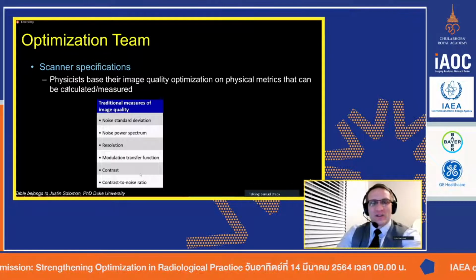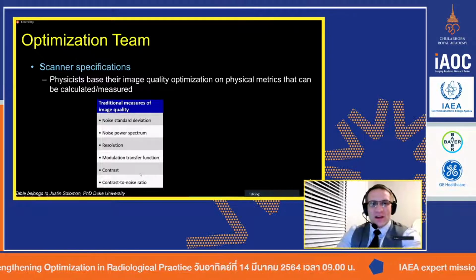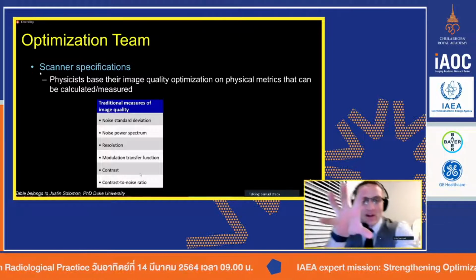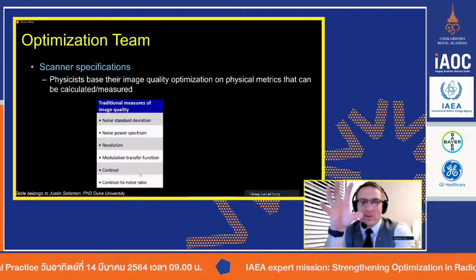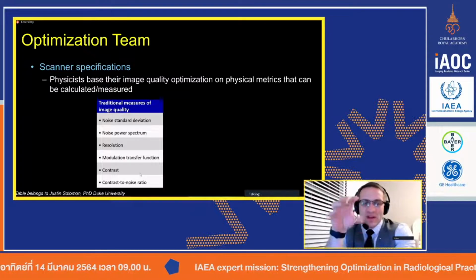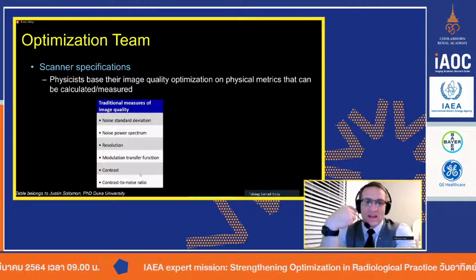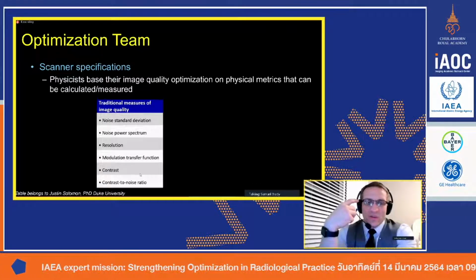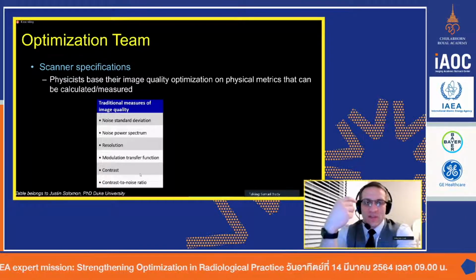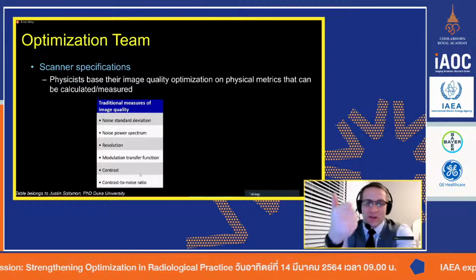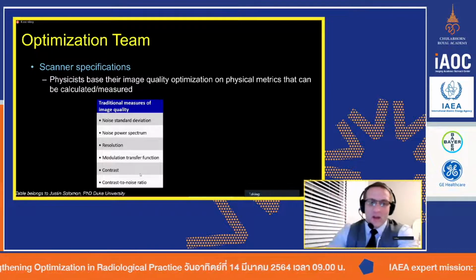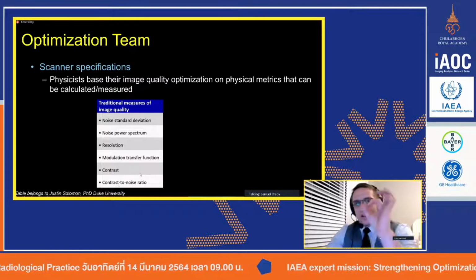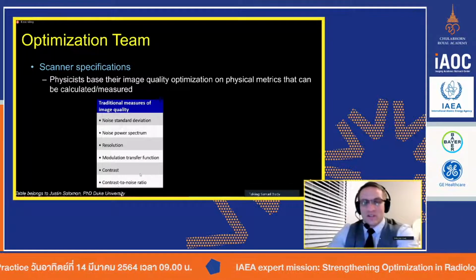All right, so just kind of wrapping up here. One thing to consider is the fact that we've been talking about various different image quality optimization metrics. And as a physicist, we speak a very specific language. When we're talking image quality, I'm thinking noise, I'm thinking resolution, I'm thinking noise power spectrum, I'm thinking drawing ROIs and calculating contrast to noise ratio.